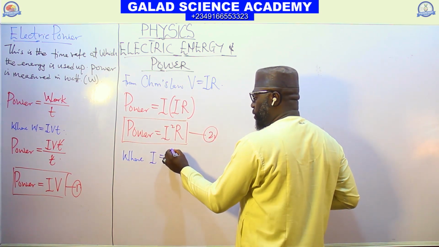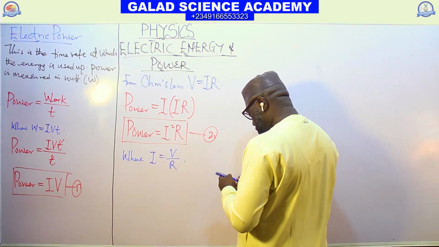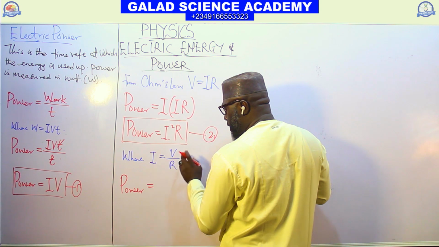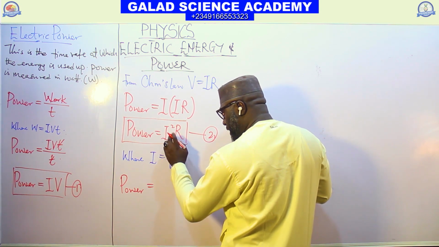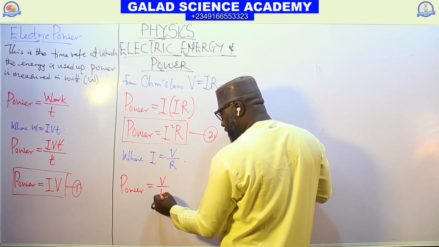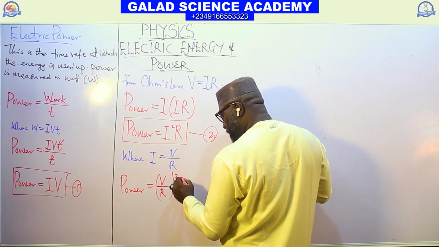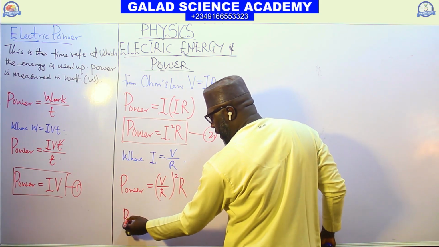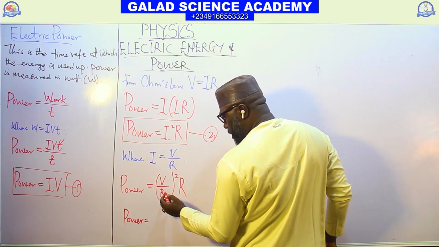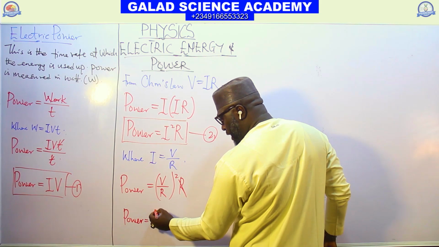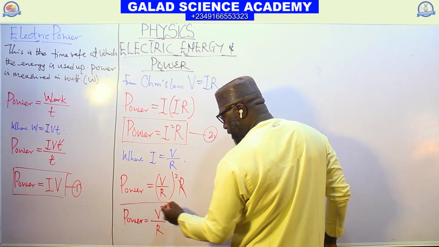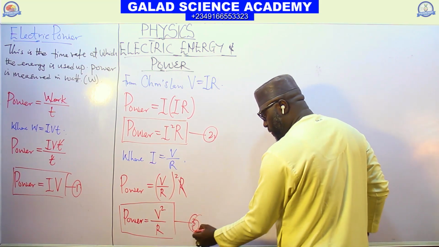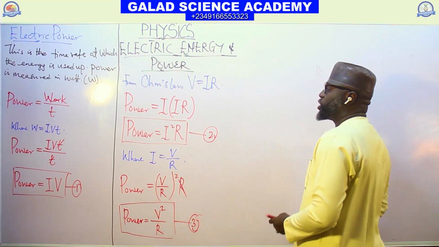We have I equal to V over R. Electric power P equals I squared times R, and I here is V over R, everything squared, times R. By expanding it, power is V squared over R squared times R. This R will cancel one R, and we are left with V squared over R. This is the third equation of power.